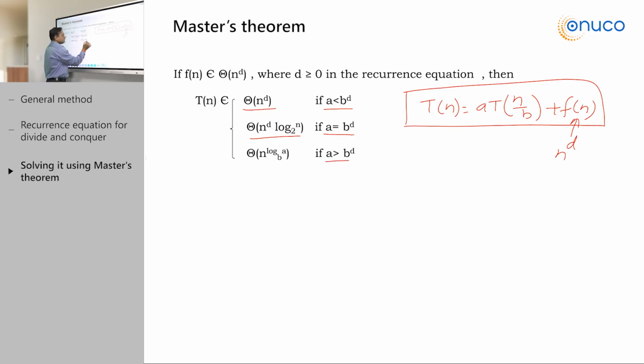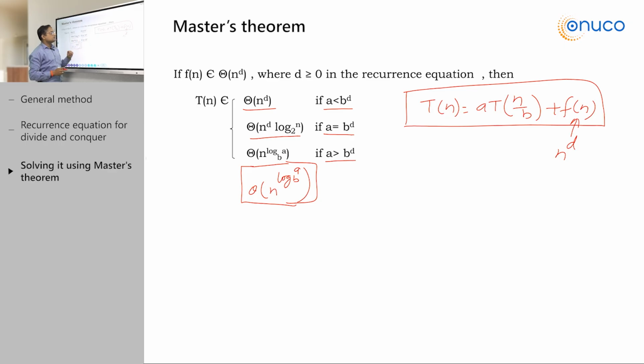If a is greater than b power d, then time complexity will be theta of n to the power log a base b. So we have to remember these three things: a is lesser than b power d, a is equal to b power d, and a is greater than b power d.